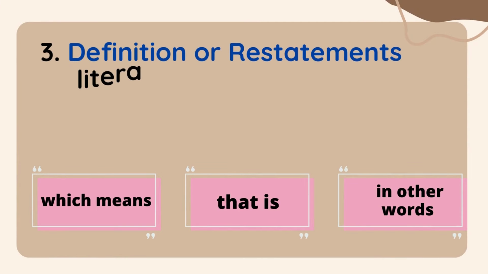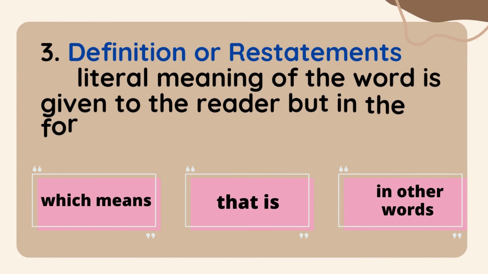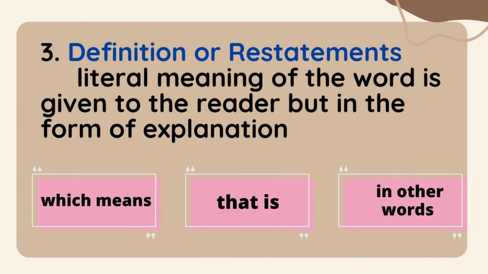Number 3, definition or restatements. This is the simple form of context clue, where the literal meaning of the word is given to the reader, but in the form of explanation. Sometimes, the author will add very specific words to tell us an explanation is upcoming.